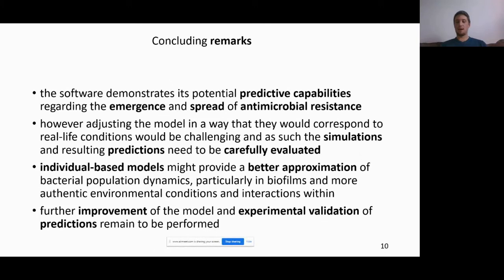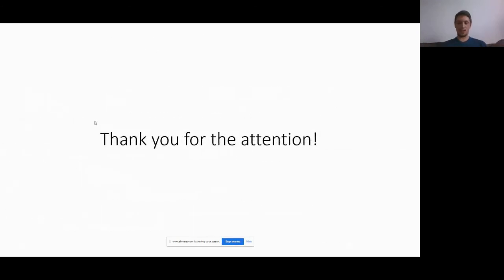So with this in mind, we plan to further improve our software and our model, and to also perform some experimental validation to see if it's actually useful in a way or not. So that would be all from my side, and thank you for the attention.